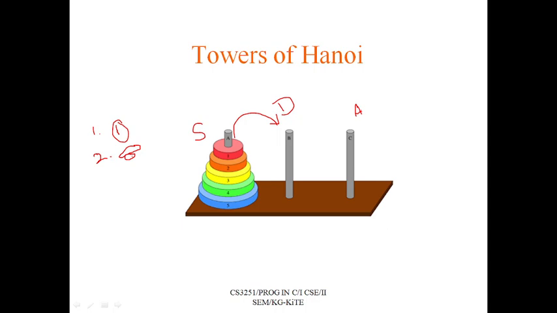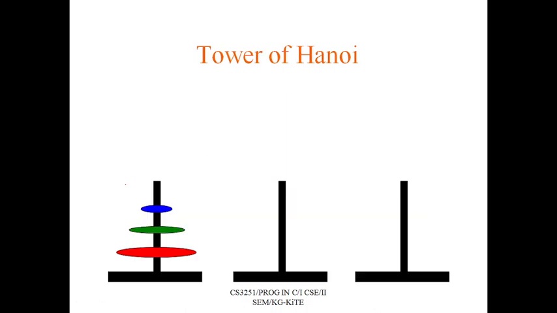These two rules can be followed, and moving the disc to the destination with the help of the auxiliary peg will help us to follow rule number 2. Let us see an example. Let's take only 3 discs.